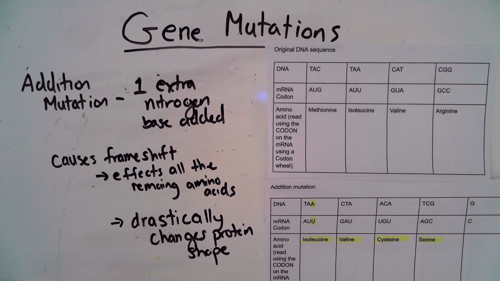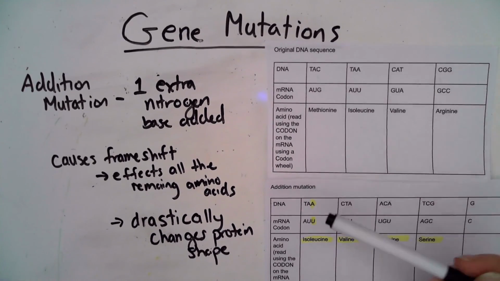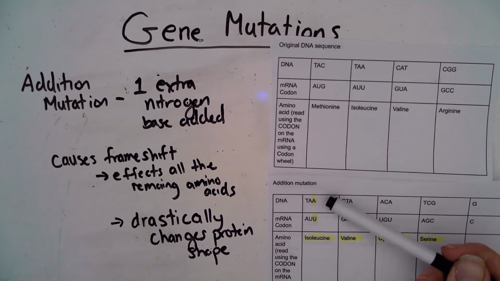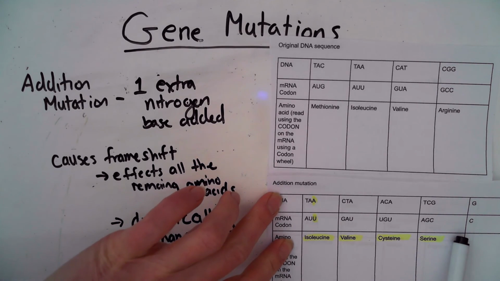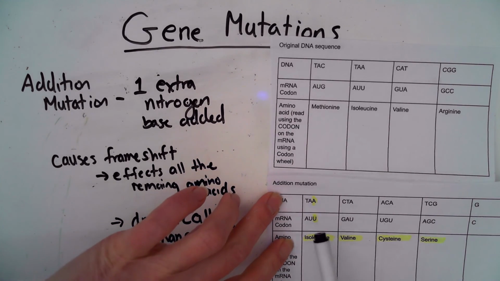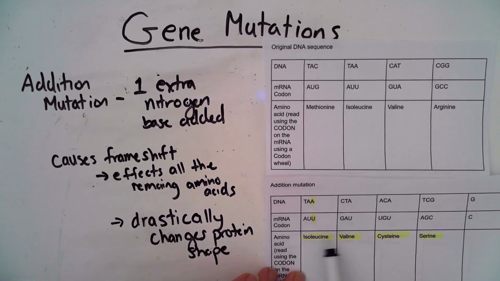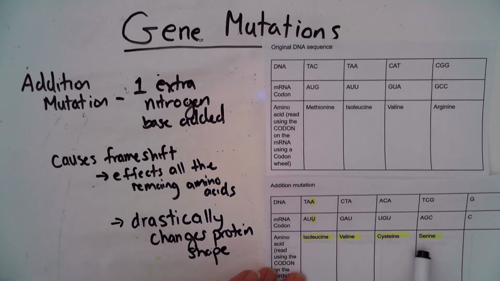So what is the result of the addition mutation that we caused? Well, we added one nitrogen base here at the beginning, which caused everything to shift down on the mRNA. And so every codon is now different, and that resulted in all the amino acids changing.